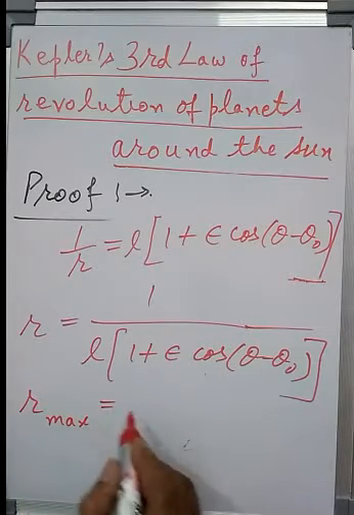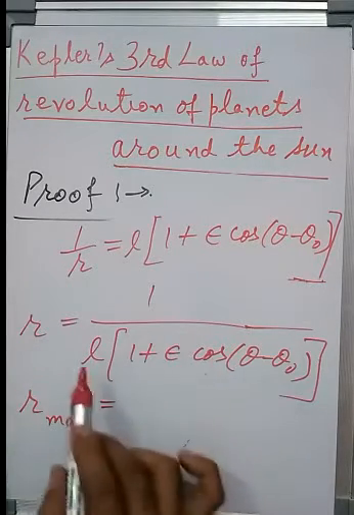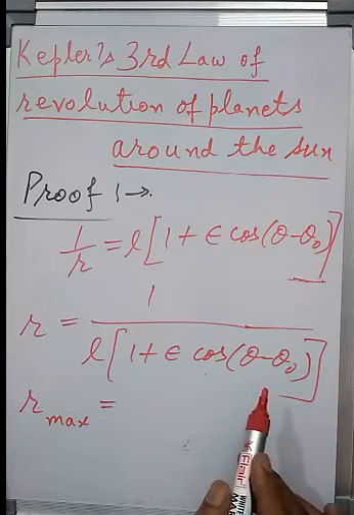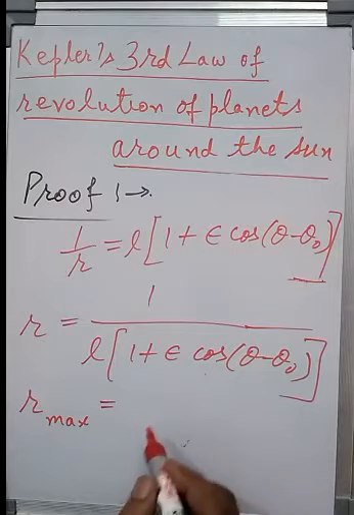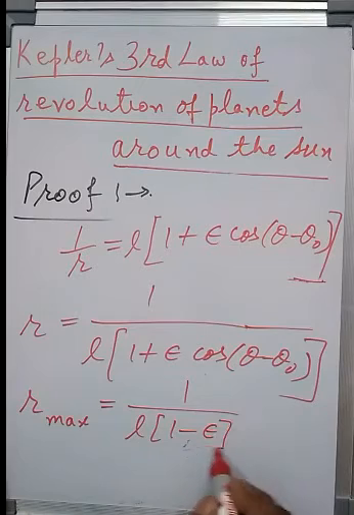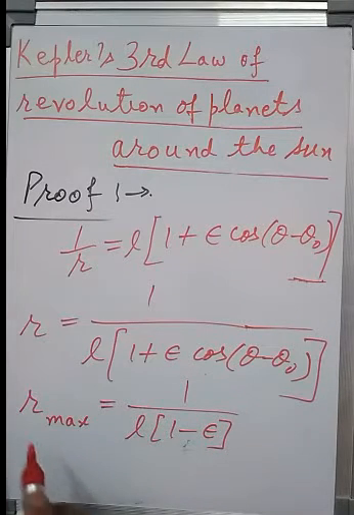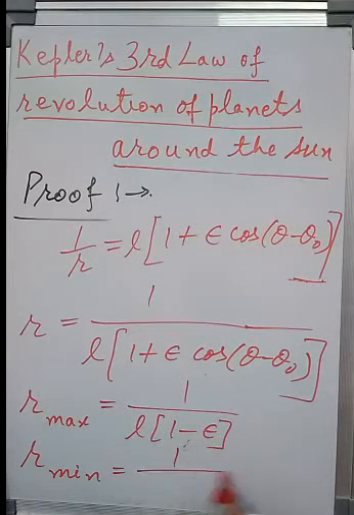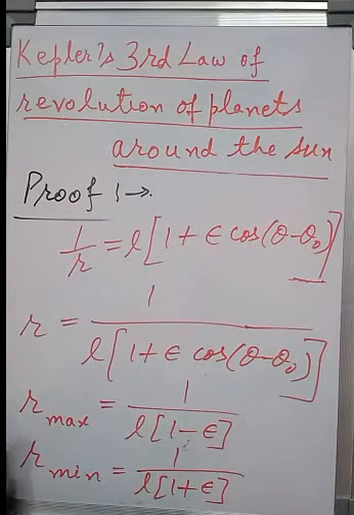It is very clear r will be maximum when the denominator on the right hand side is minimum, and it will be minimum if cos is minimum. The value of cos is minus 1, giving 1 upon l into 1 minus epsilon. Putting the minimum value of cos, we get the maximum value r maximum. Similarly, the minimum value of r can be obtained from the same relation by putting the maximum value of cos, that is plus 1, giving 1 plus epsilon. These are the values of maximum r and minimum r.